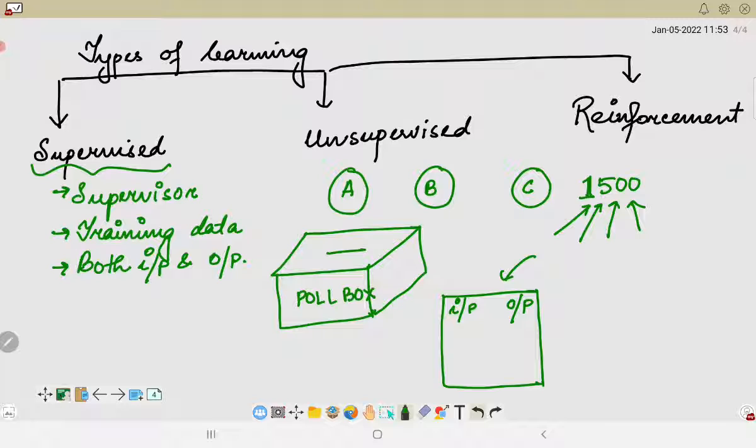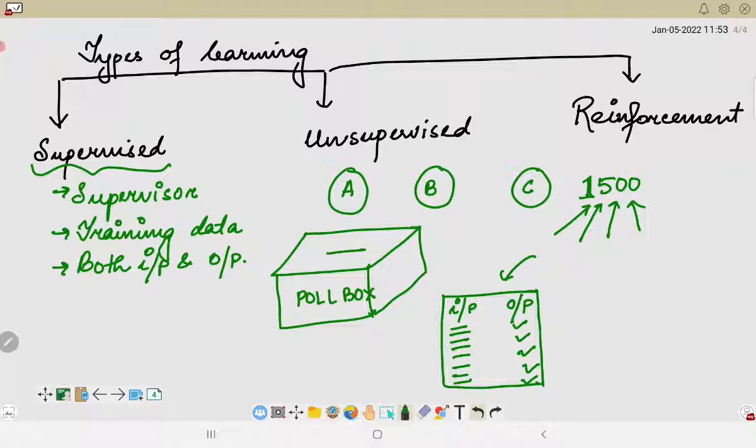We will mention all the inputs, that means the estimated inputs, and we will also generate the output for the same. That means if this is the situation, A will win. If B gets this number of votes, then B will win. And if C gets this number of votes, C has this much probability to win, and so on.